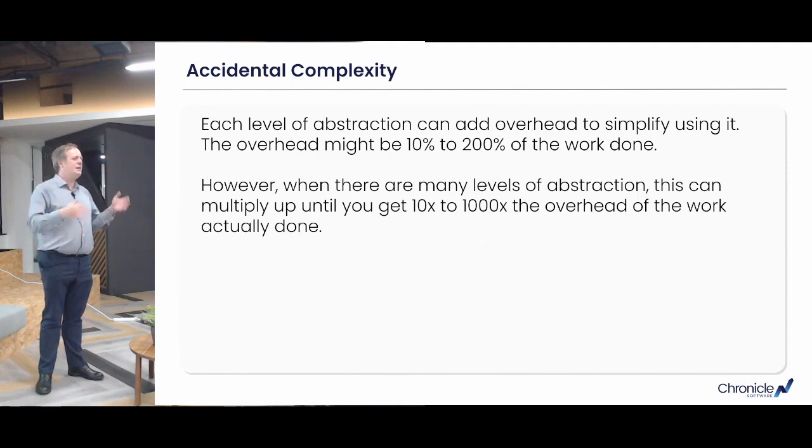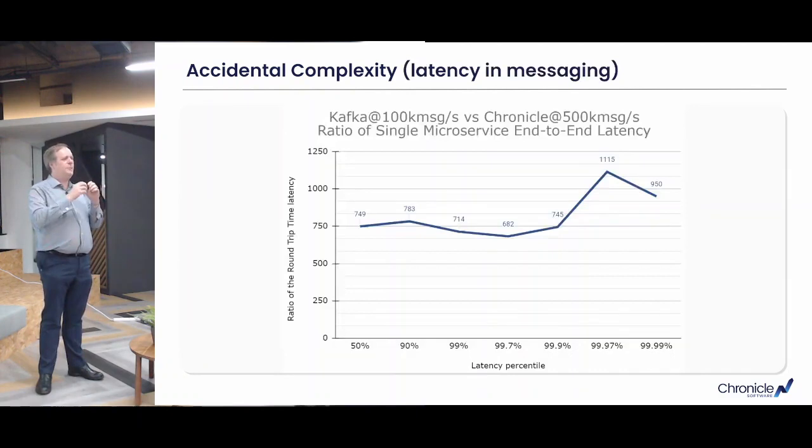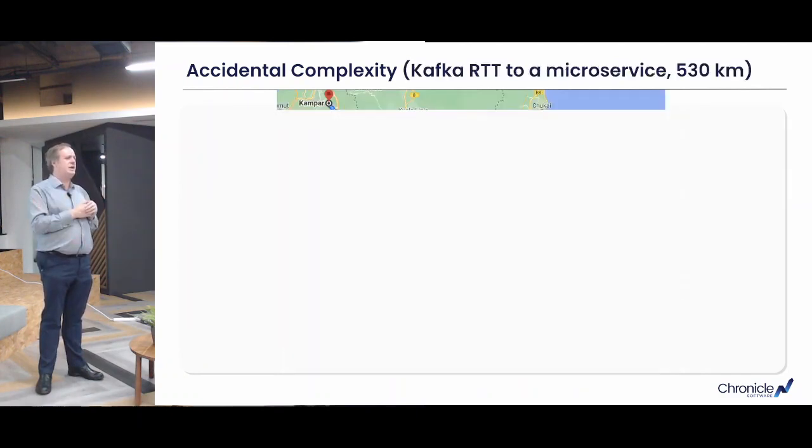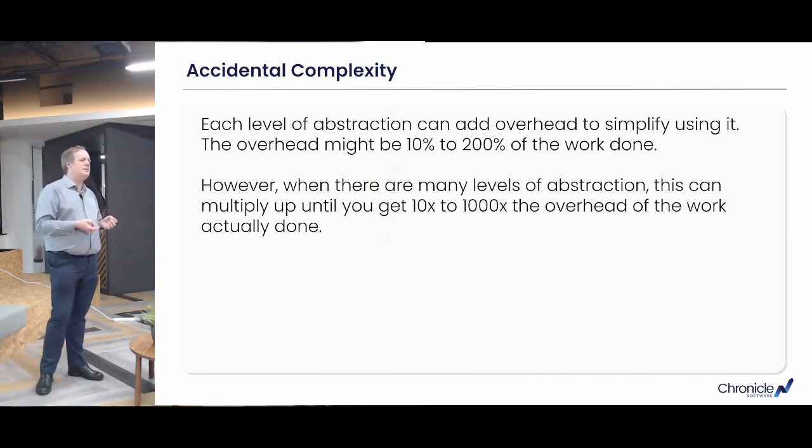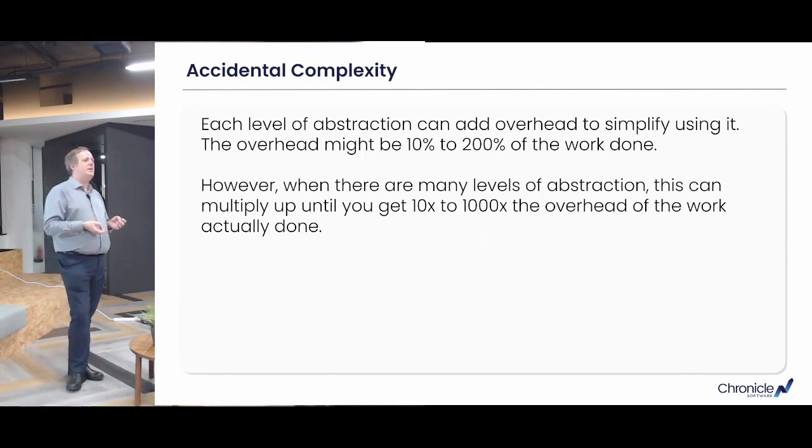Each level of abstraction will often do a bit more, perhaps even a lot more than is really required by your application at that time. And by the time you've run this through multiple levels, each one of them adding a percentage, they multiply together until eventually you can get 10 times, 100 times, and in some cases even 1,000 times more effort going into it than what is actually strictly required.